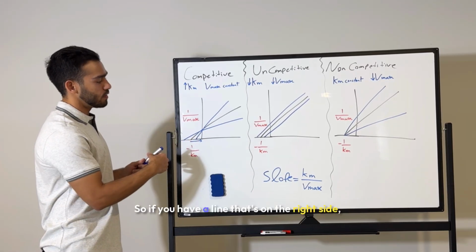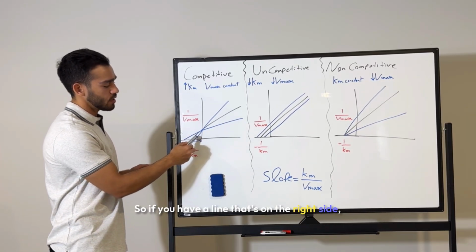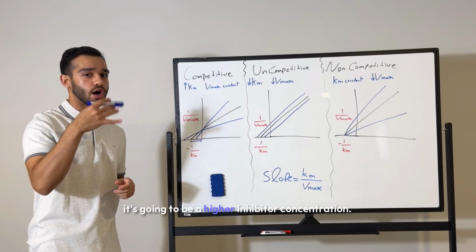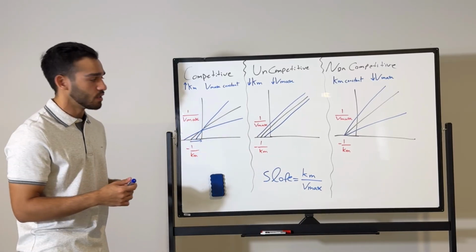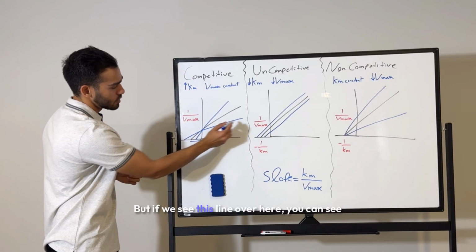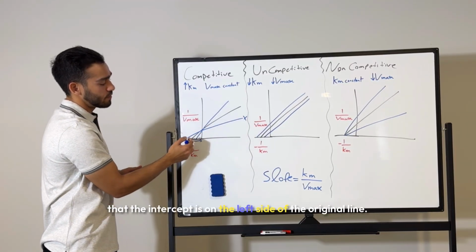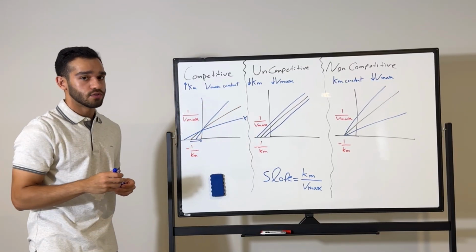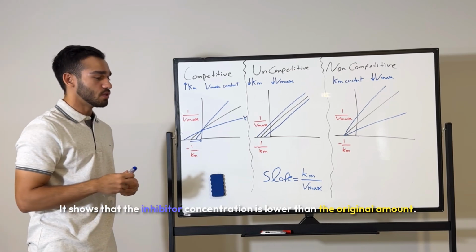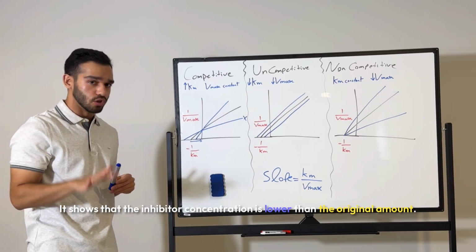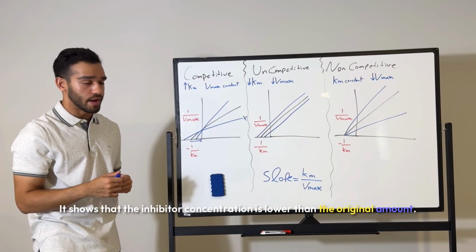So if you have a line that's on the right side, it's going to be a higher inhibitor concentration. But if we see this line over here, you can see that the intercept is on the left side of the original line, which shows that the inhibitor concentration is lower than the original amount.